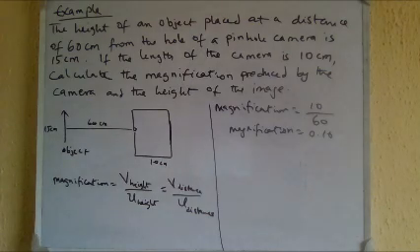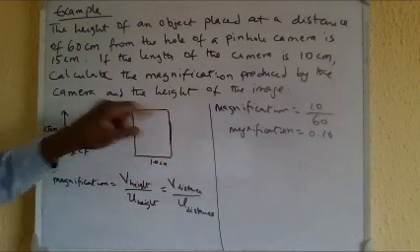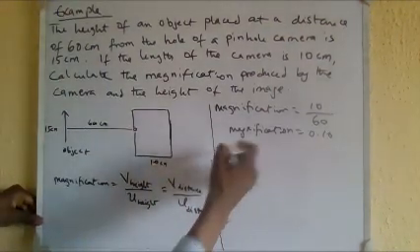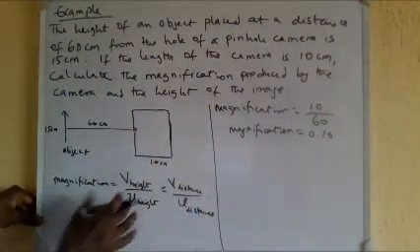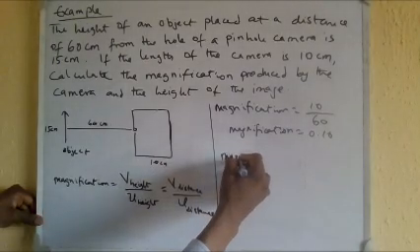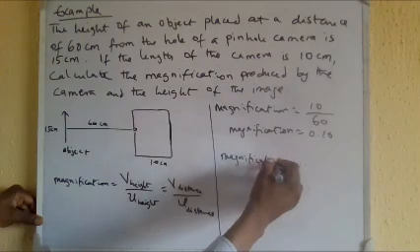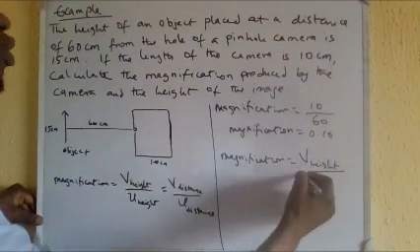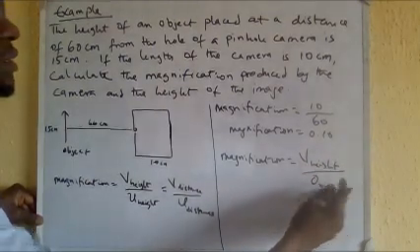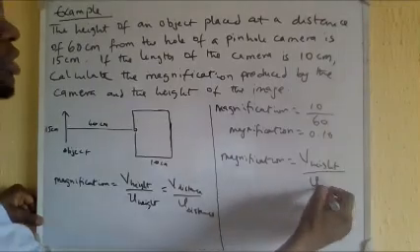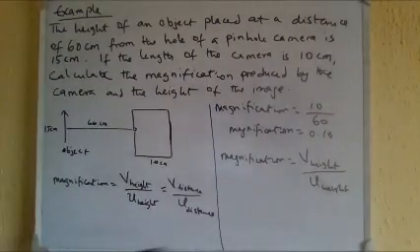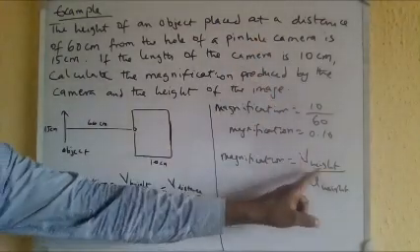But for the next one, they say we should find the image height. But we have the object height. So again, this same thing applies to this side. Magnification is still the same thing as comparing the image height over object height. Always define your parameters. So I've defined where V is the image height and U is the object height.